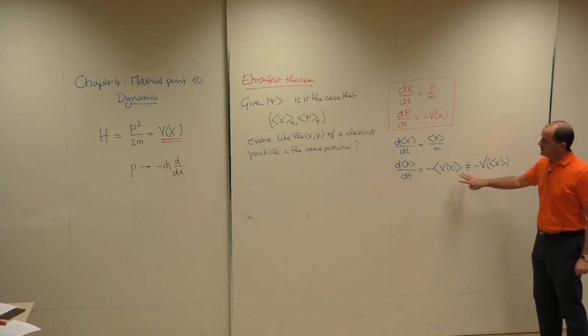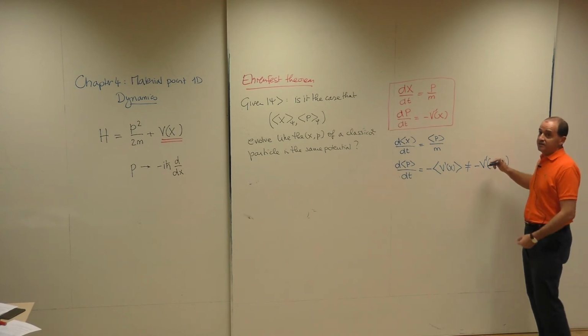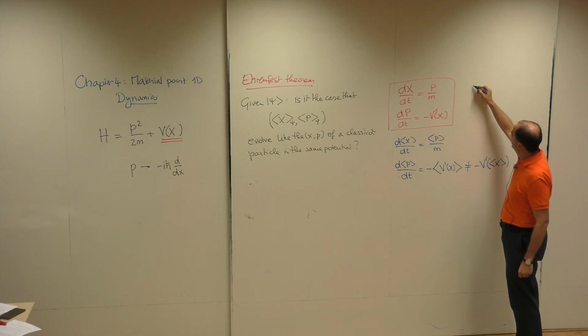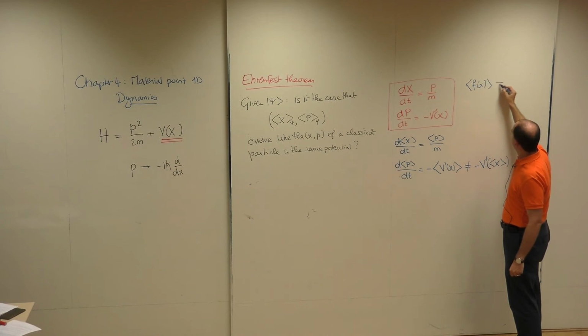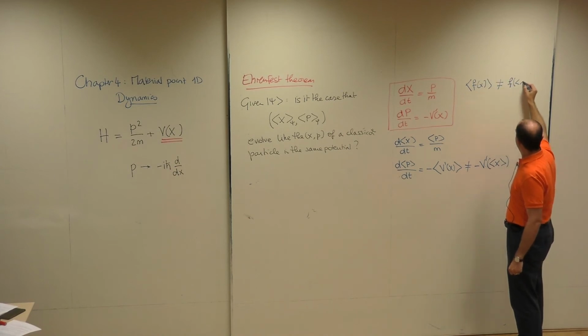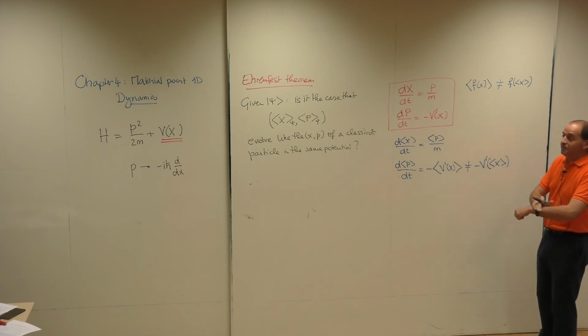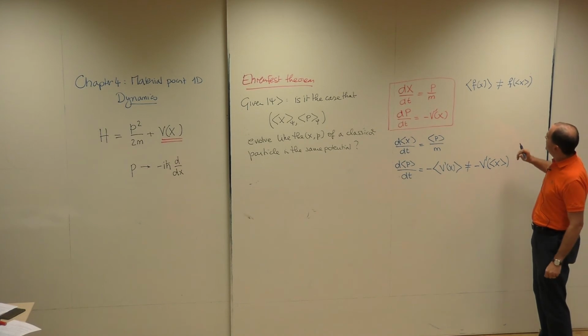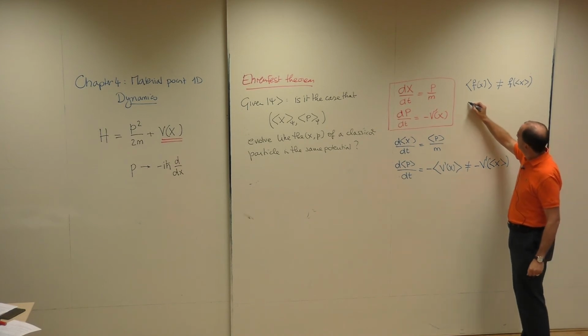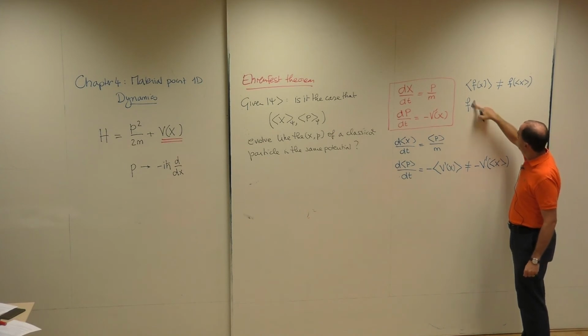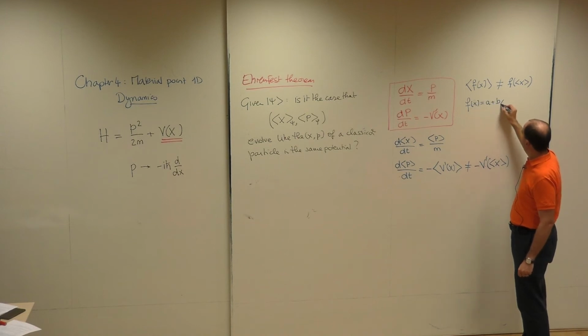I don't know if you are clear with that. Let me do it very simply, right? If you have any function of a random variable, the average of f of x is usually not f evaluated on the average of x. In fact, it is usually the case, apart from maybe pathological cases, if and only if f is either constant or linear, so f of x is equal to a plus b x, right?